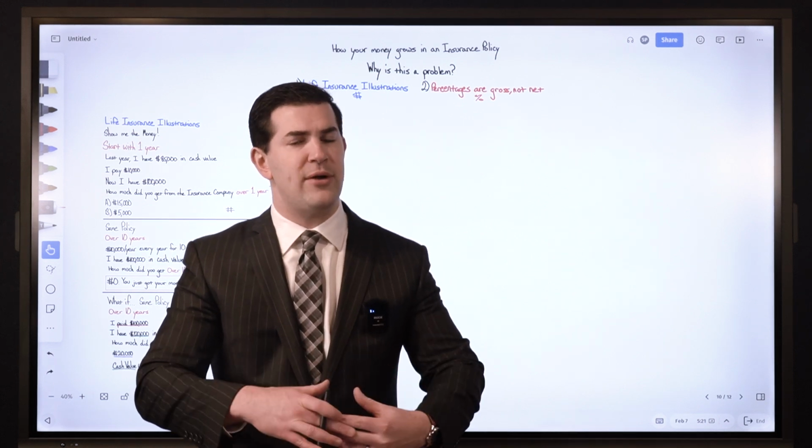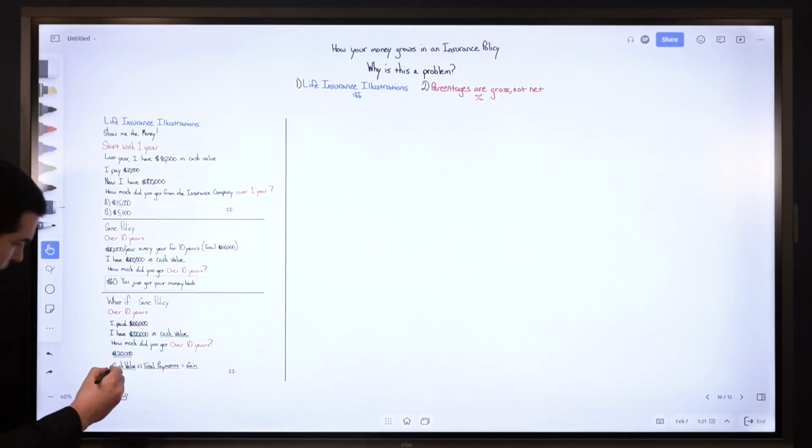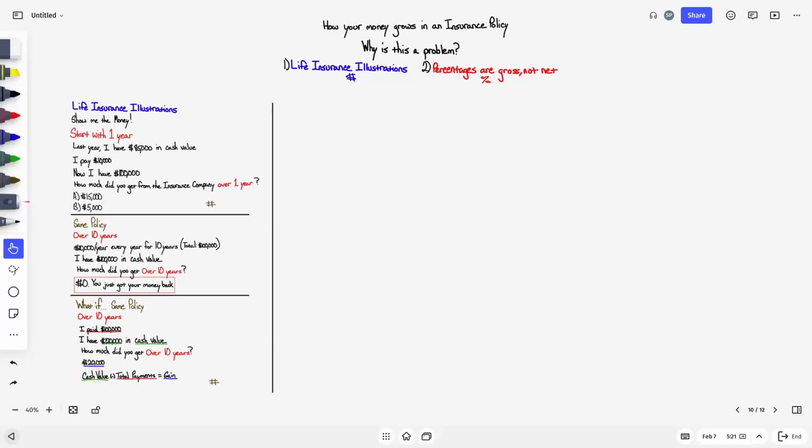Like, what's the total amount I've received since I started this policy, what you would do is take your cash value minus the total amount of money you've paid, and the difference is the gain. For example, here, we assumed you have $120,000 in cash value. You paid $100,000, so that $120 minus the $100 you paid gives you the $20,000 gain.